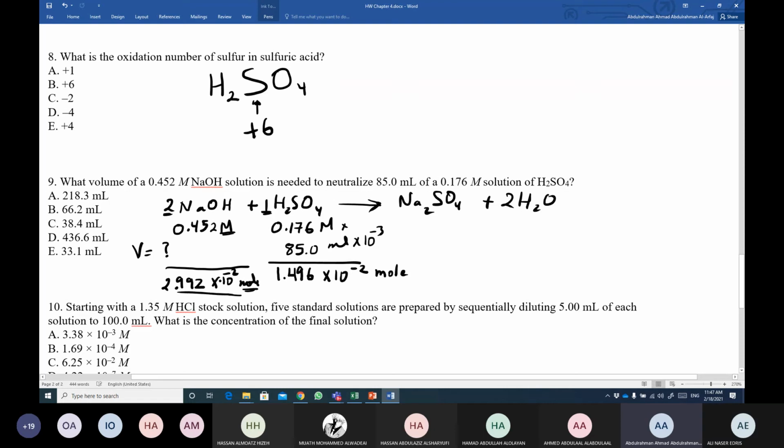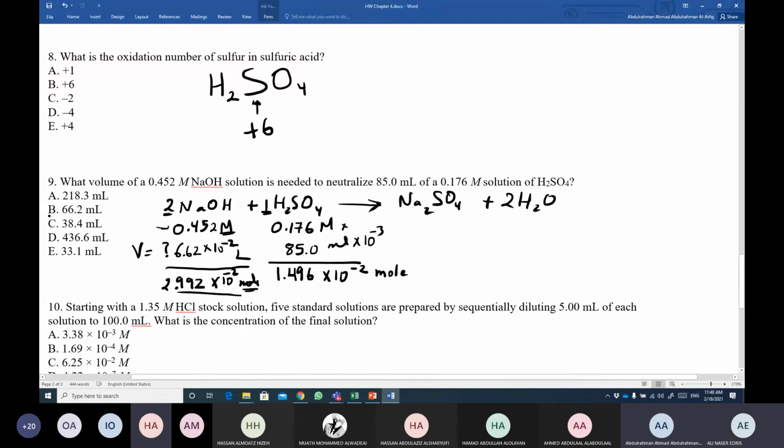Divide this number: 6.62 times 10 to the power minus 2 liter. And then can you change it to milliliter? Times 1000, which is going to be 66.2. So what is the answer?